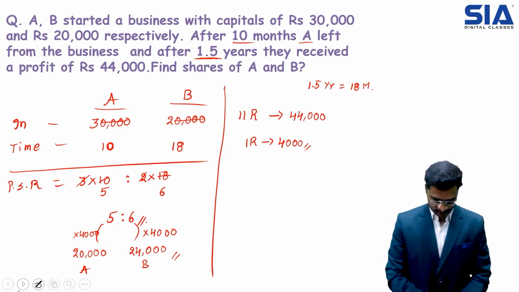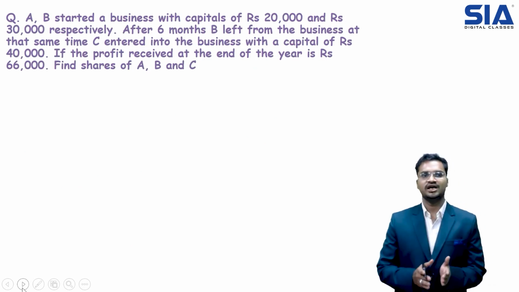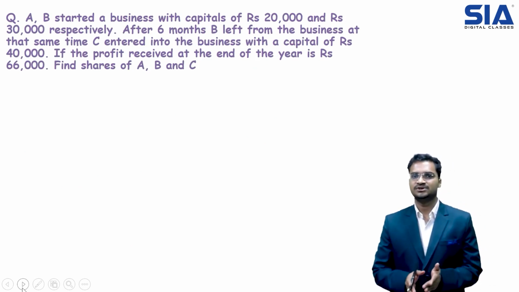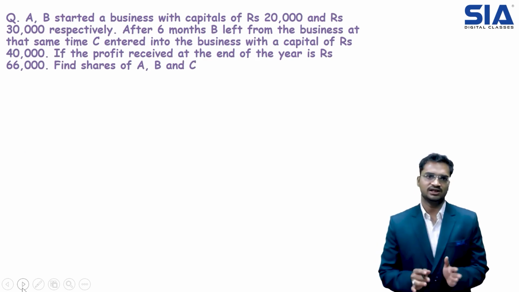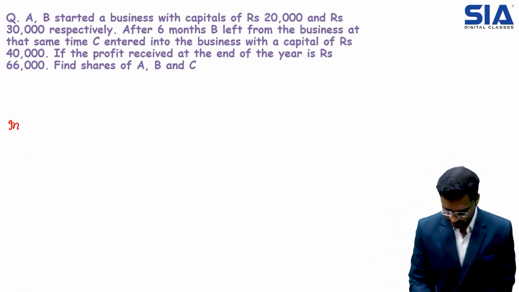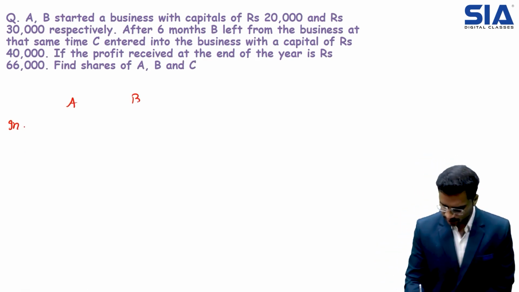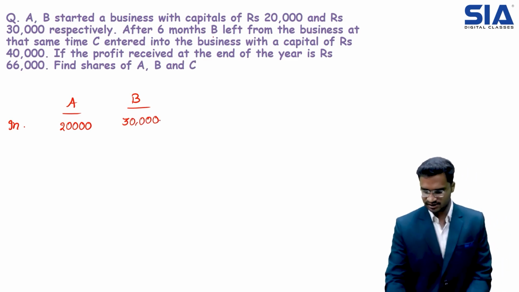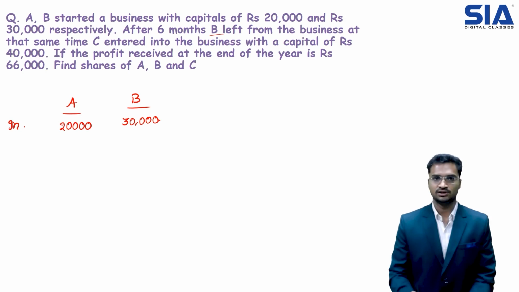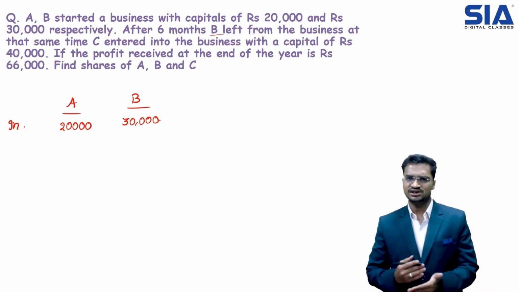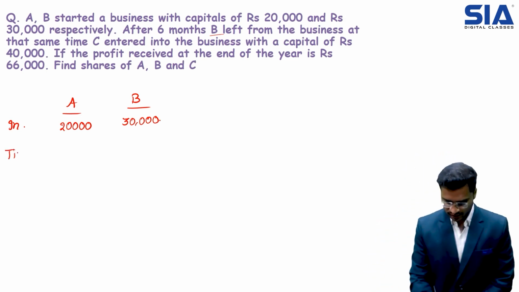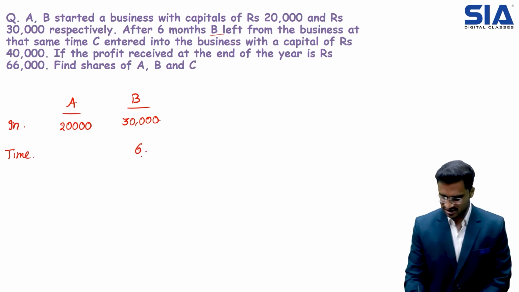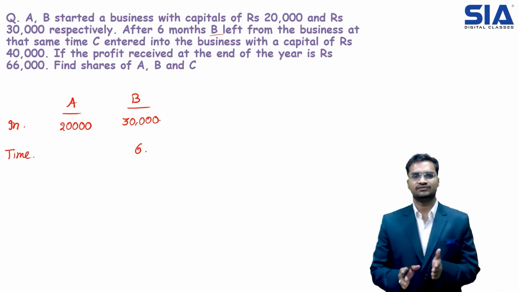Okay. Now coming to the next question, which says A and B started a business with capitals of 20,000 and 30,000 respectively. So investments A, B: A has invested 20,000 and B has invested 30,000. Next, after 6 months, B left the business. So the time period of B is only 6 months, because he has stayed in the business for 6 months.